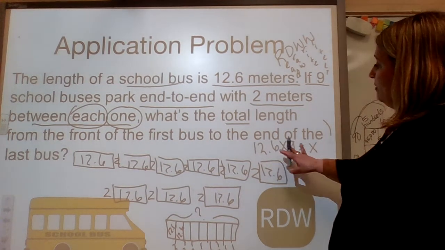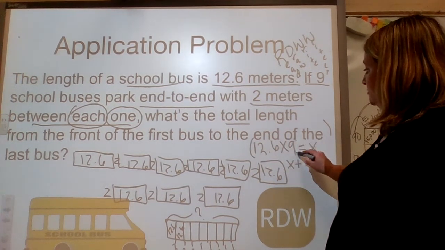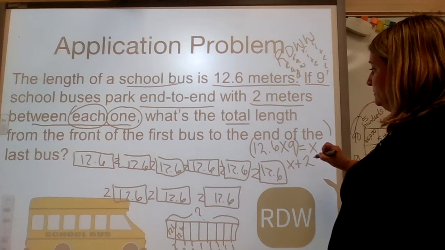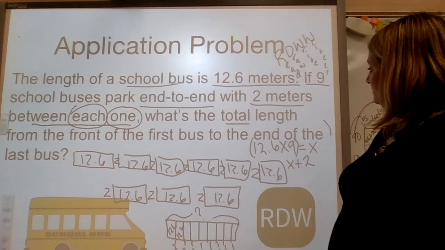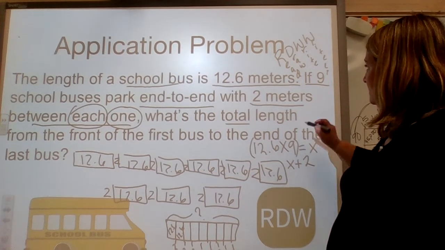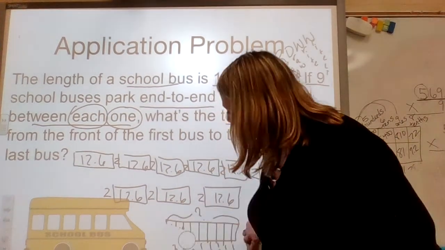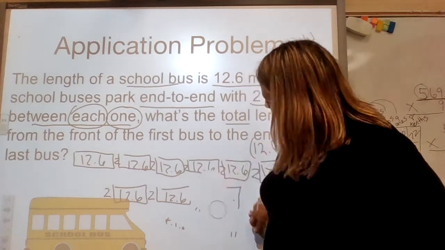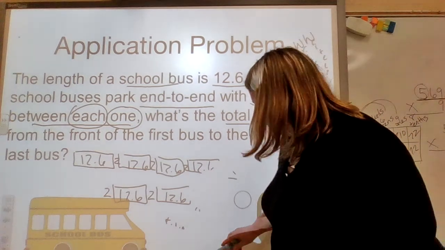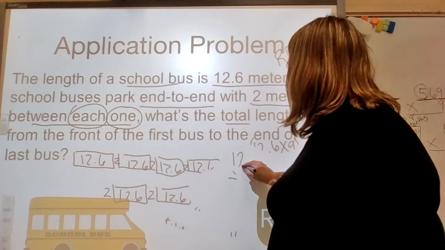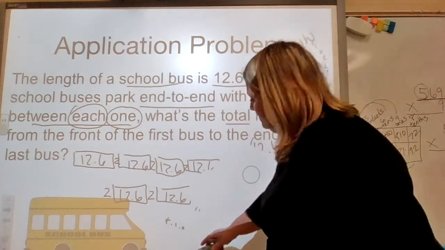Or how could I really write this into an equation? Could I put parentheses around this and add 2? I could do that. So let's go in and let's multiply 12 6/10 times 9. And if I do that, let me erase this. Erase that really good.